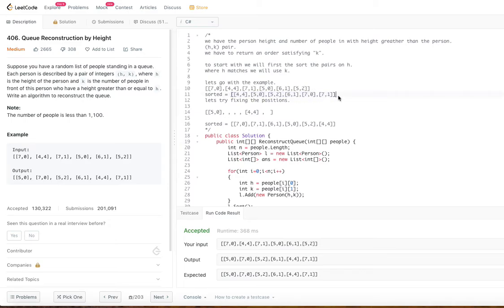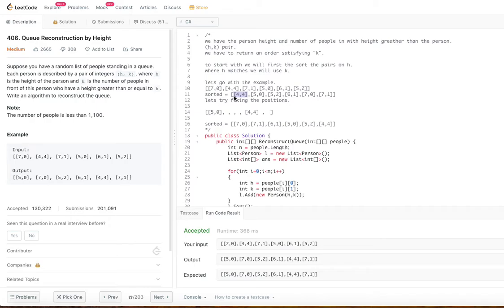Now from this sorted array, let's try to fix the positions and see whether we can come up with an algorithm. Now 4, 4: that means there are 4 people in front of him whose height is greater than or equal to him. There must be 4 people, so this guy's position must be 5.